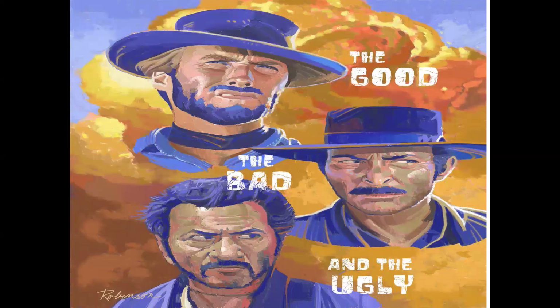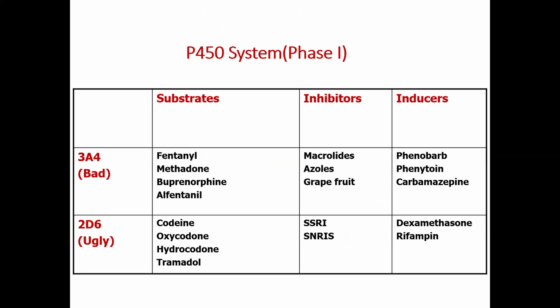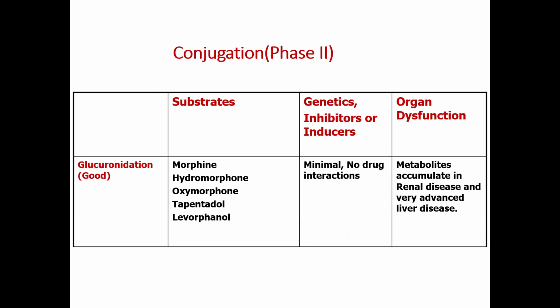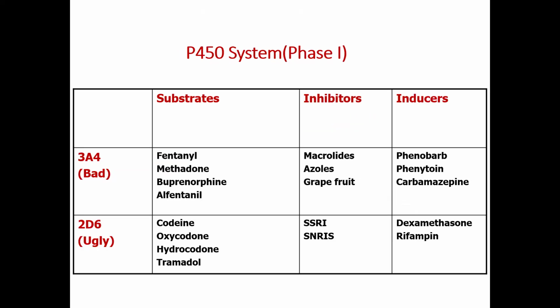I call them the good, the bad, and the ugly. So we'll start with the good, which is the conjugation. The drugs that are conjugated don't have a lot of drug-to-drug interactions, such as morphine and hydromorphone and others. While the 3A4 medications are metabolized into inactive metabolites, such as fentanyl, methadone, and all that.